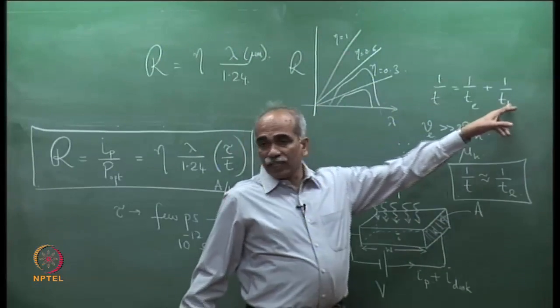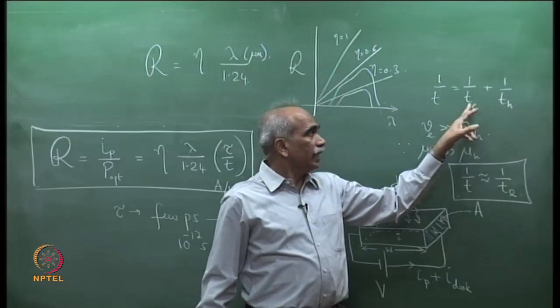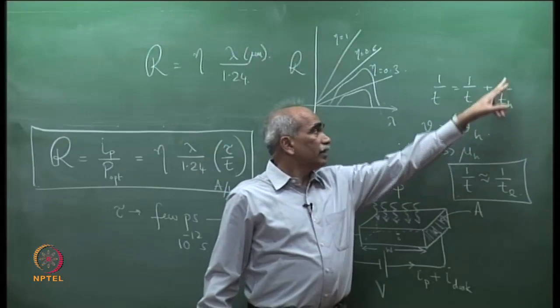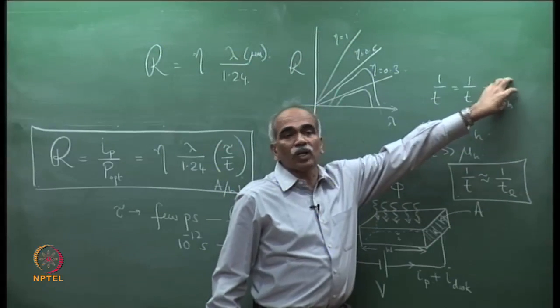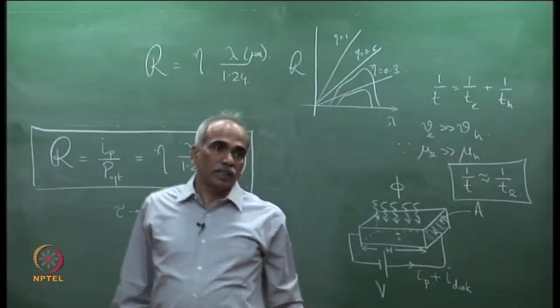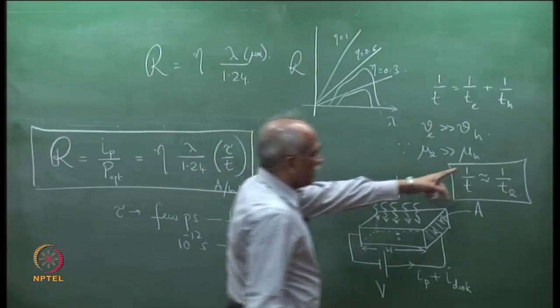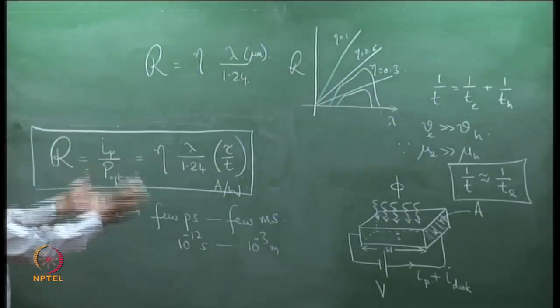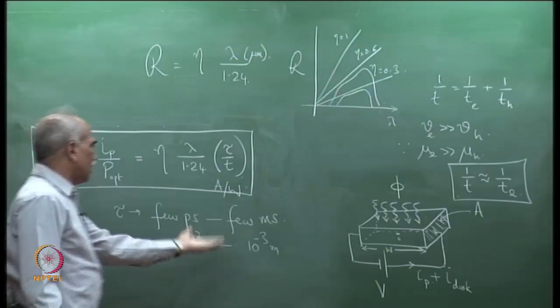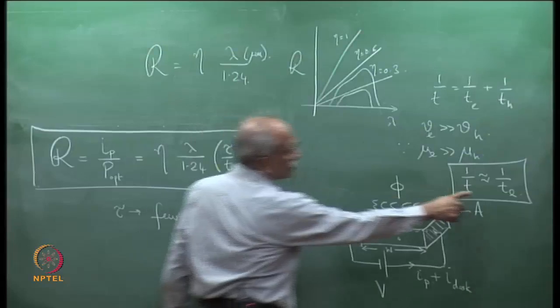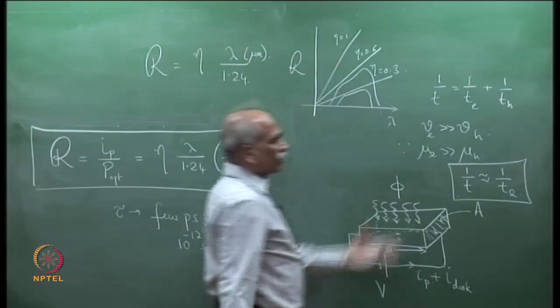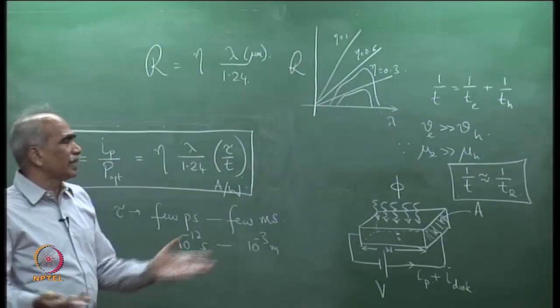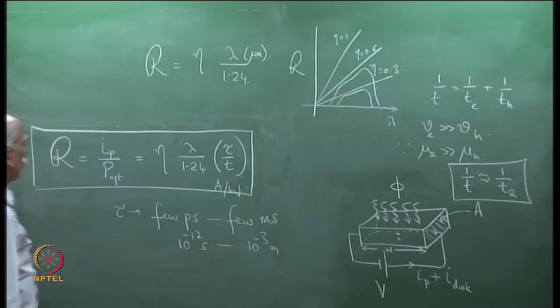Because T h, the transit time of holes, is much larger compared to T e, this 1 over T h becomes much smaller compared to 1 over T e, and therefore, 1 over T is approximately equal to 1 over T e. We could retain 1 over T itself, there is no problem, but if we take this, then we need to discuss only the transit time of electrons, otherwise it does not matter.